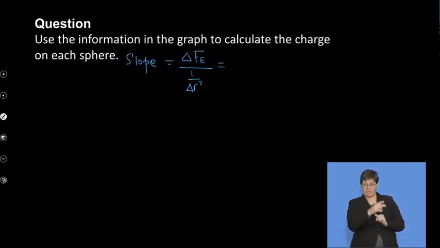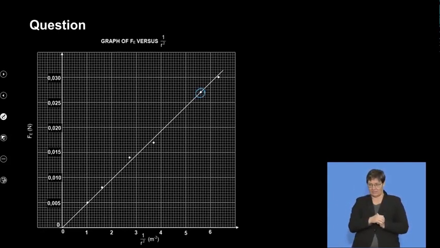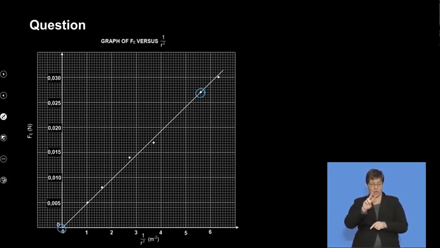In this case, if we go to the graph, okay, we need to identify any 2 points. So remember, this is a line of best fit. So it's ideal that we take a point that is actually on the graph, to represent the gradient correctly. So we'll take the line, because this is directly proportional, we'll take these 2 points. In this case, this is 0,026.